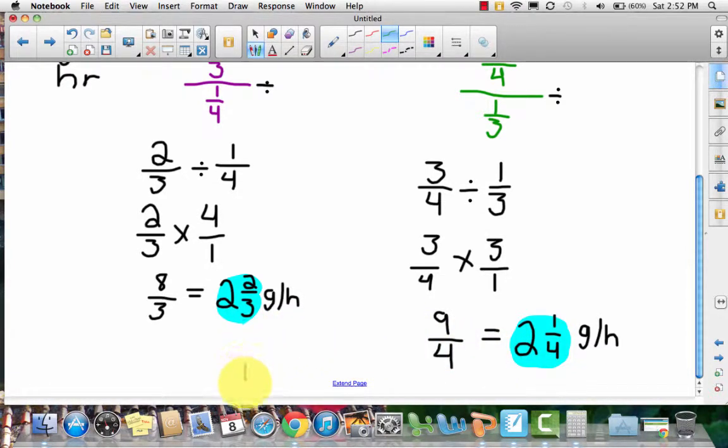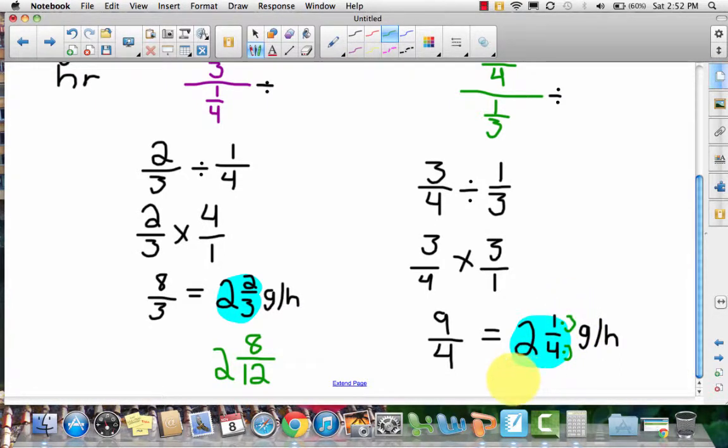So I'm going to make 2 2/3 into 12ths by multiplying that fraction by 4. So this becomes 2 8/12. And if I look at my second fraction, in order to make this 4 into a 12, I need to multiply the fraction by 3. Keep in mind, whatever you do to the bottom, you do to the top.